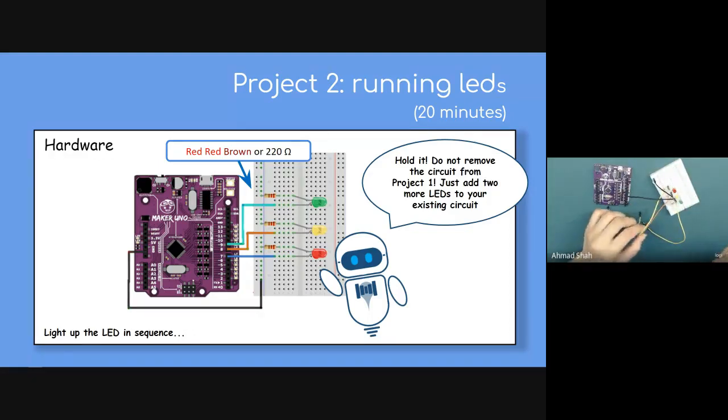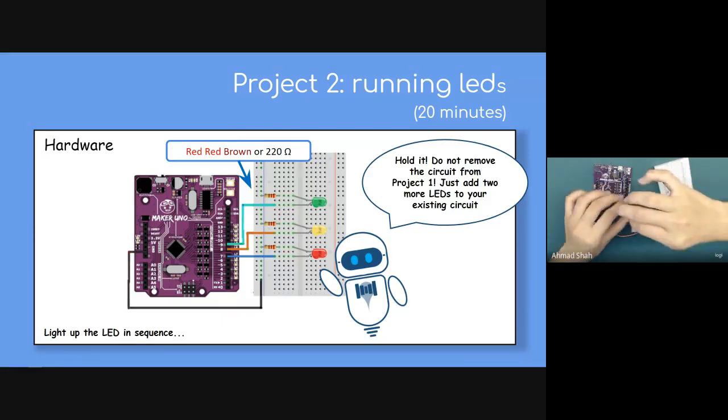So then, as shown in the slide, the red LED is connected to 7, the yellow LED to 8, and the green LED to 9. Based on your LED, you connect to the respective pins.